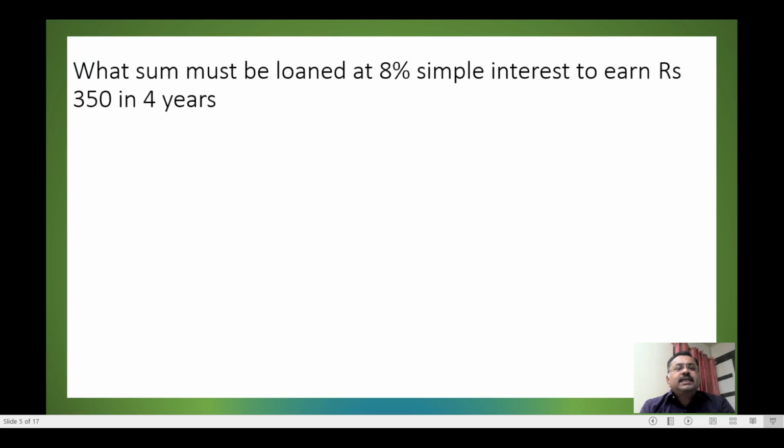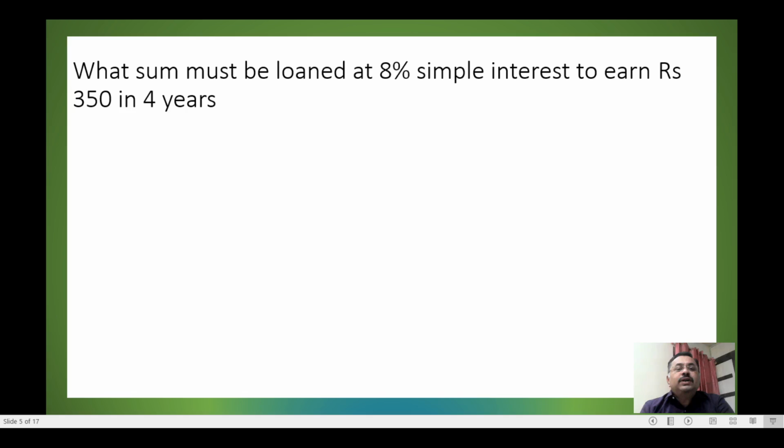The next example states: what sum must be loaned at 8% simple interest to earn rupees 350 in 4 years? That means he has given the rate i as 8%, he has given N as 4 years, and he has also given how much you are going to earn, that is I, as 350.